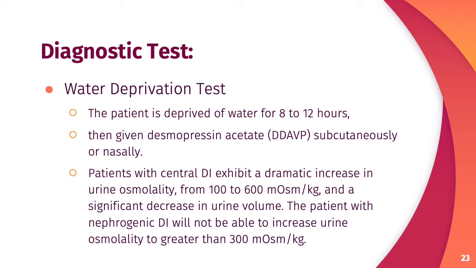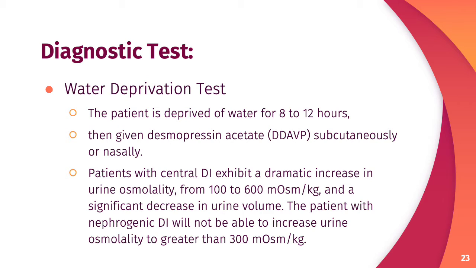For the diagnostic test, we have the water deprivation test. The patient is deprived of water for 8 to 12 hours. After that, they will be given the medication desmopressin acetate, subcutaneously or nasally.